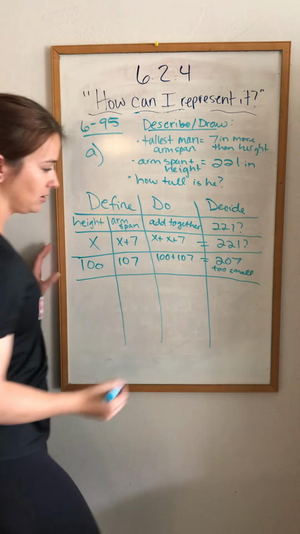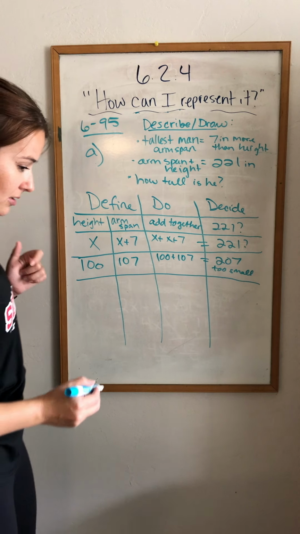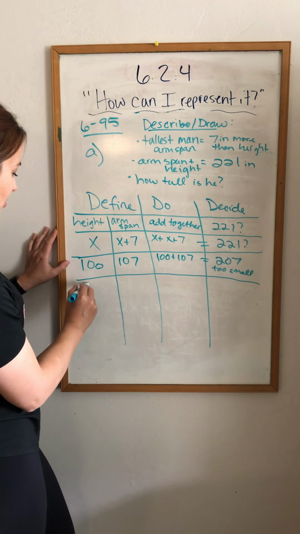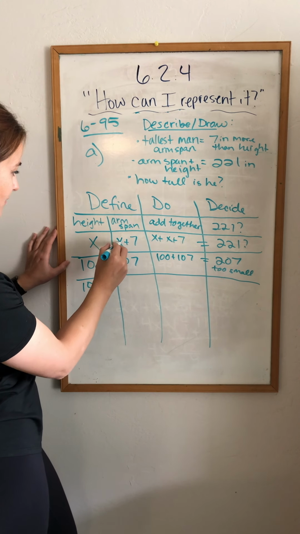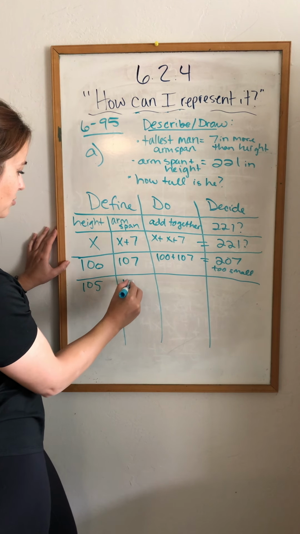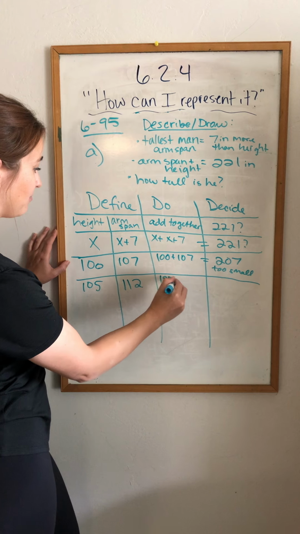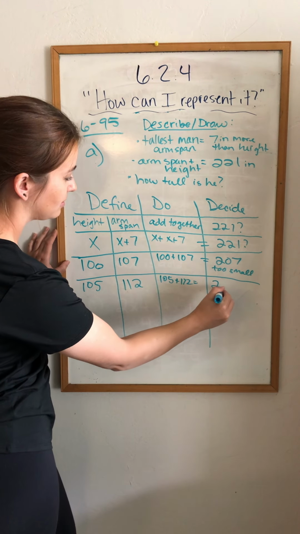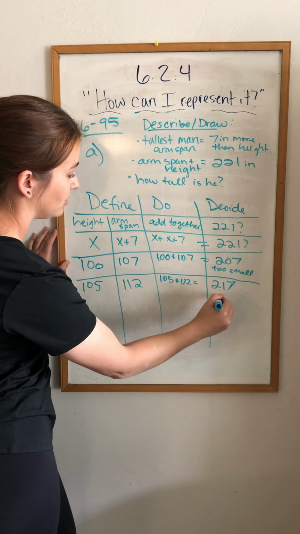So that didn't work. So I did a little bit more than 100. I did 105. So 105 plus 7 is 112. 105 plus 112 was 217. And that was still too small.